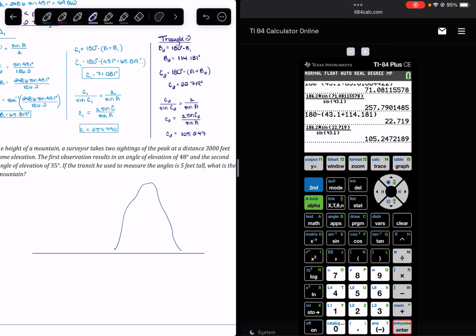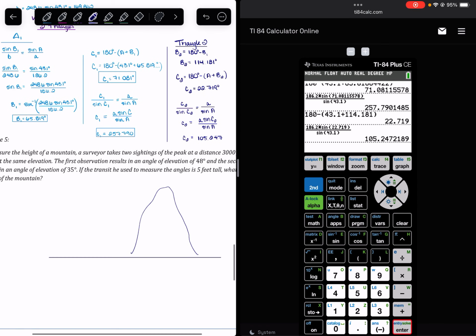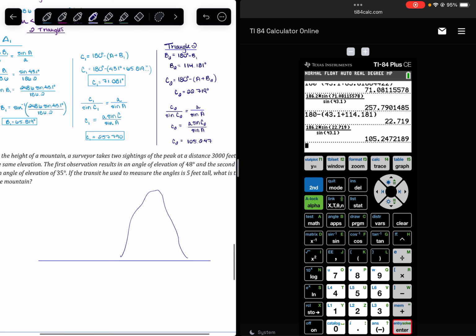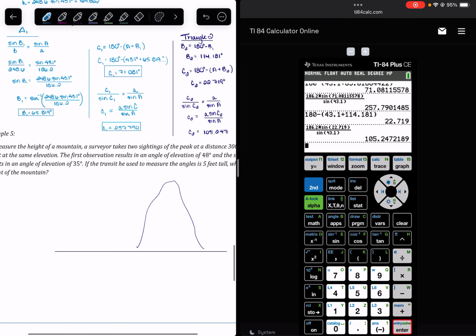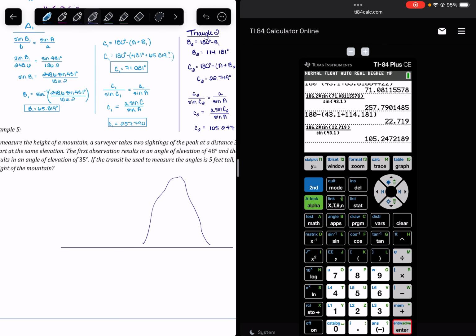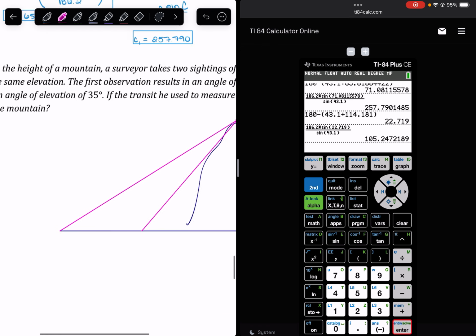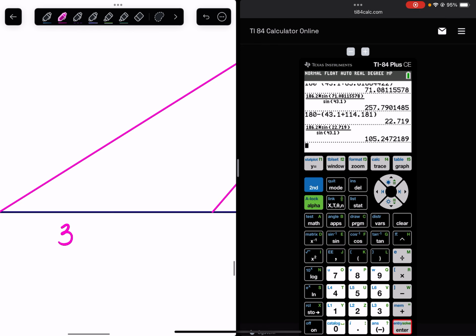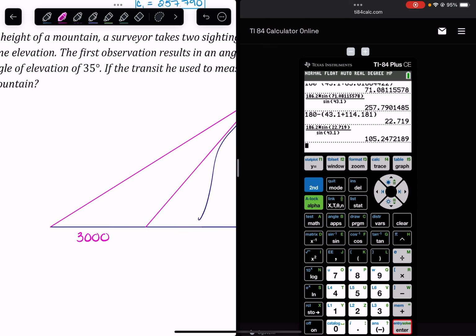So he takes 2 sightings at the peak, 3,000 feet apart. Let's go here. That's going to be the peak. Sighting number 1. Sighting number 2. Those 2 sightings are 3,000 feet apart, so this distance right here is 3,000.